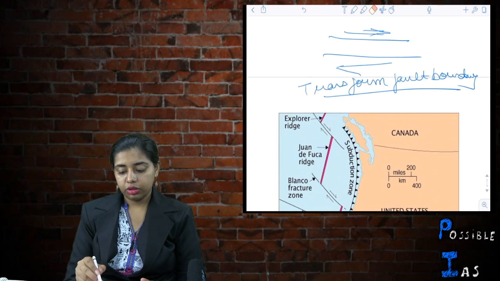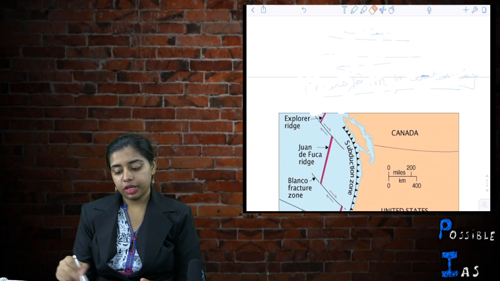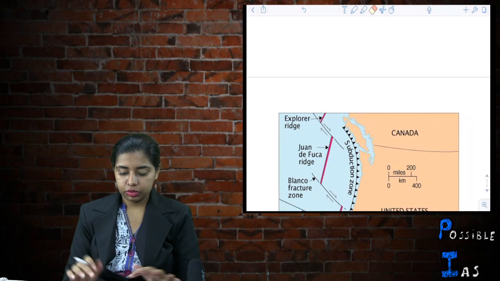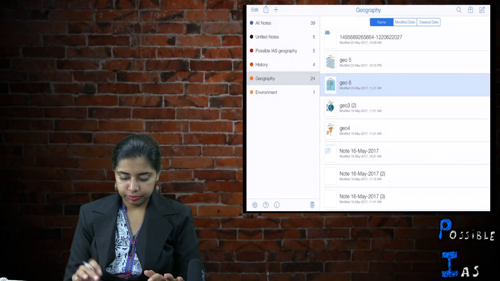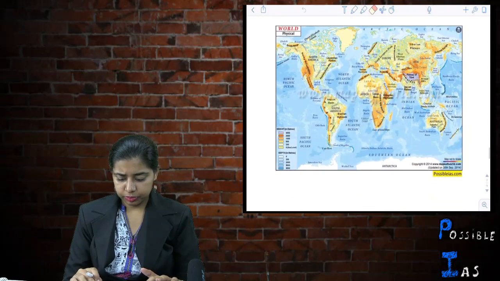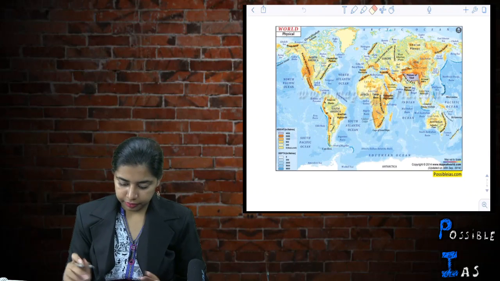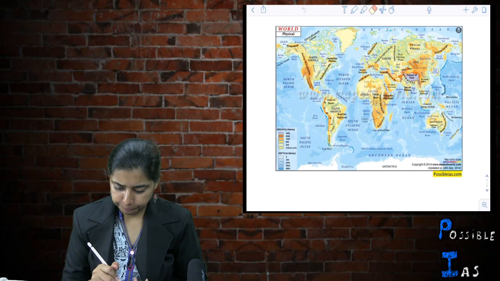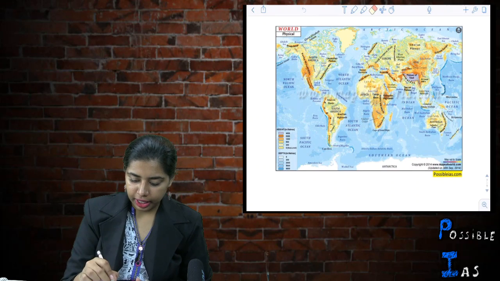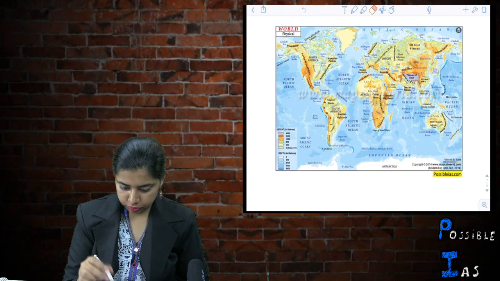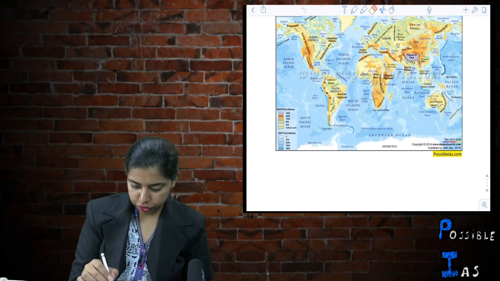So now we have studied plate tectonics, we have studied the three types of boundaries. So now we will come to what is known as geomorphology. Okay, before that, see here, in geomorphology, number one.